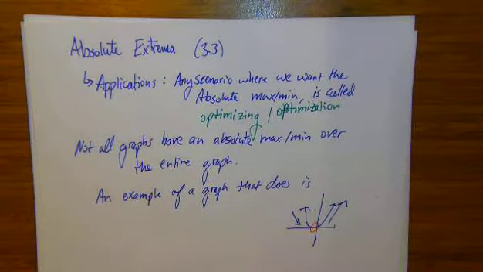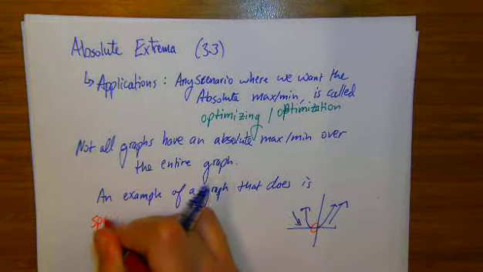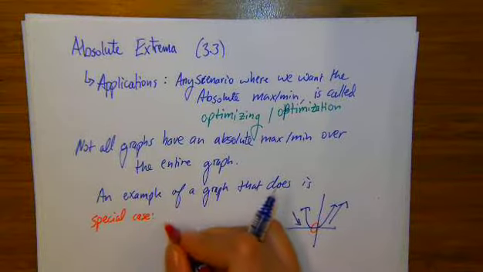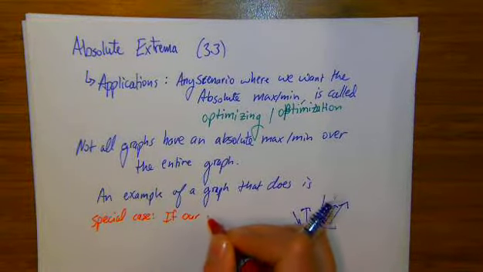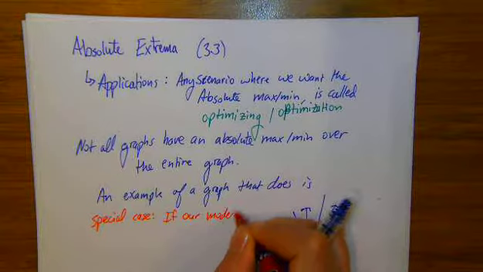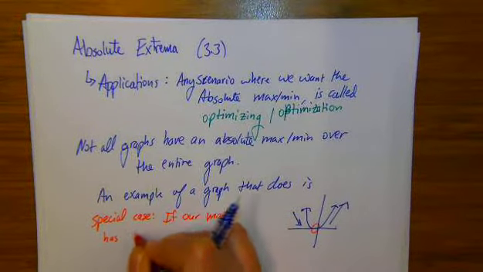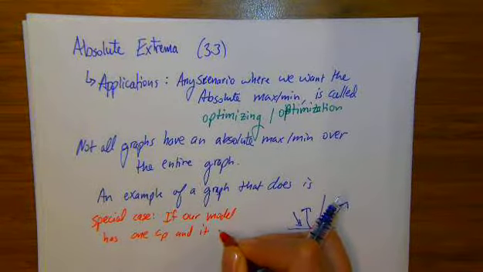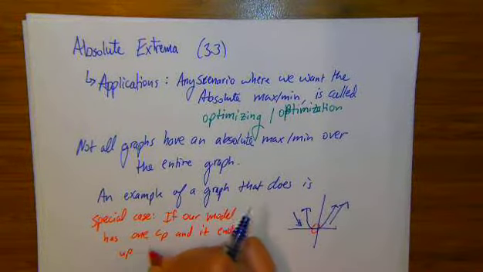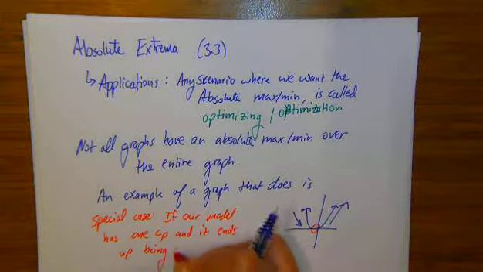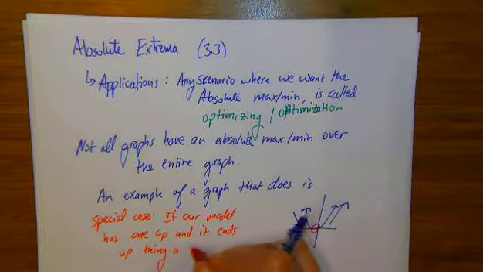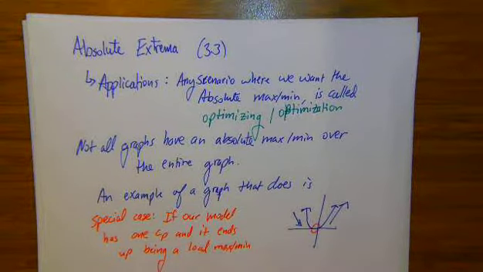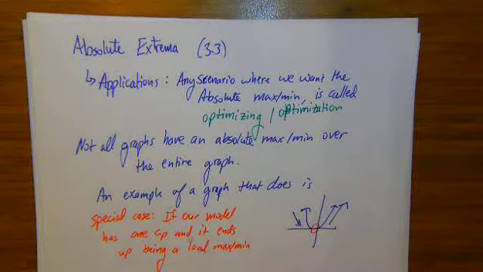So we said a special case is if our model has one critical point, and it ends up being a local extrema, then it is the absolute max or min.